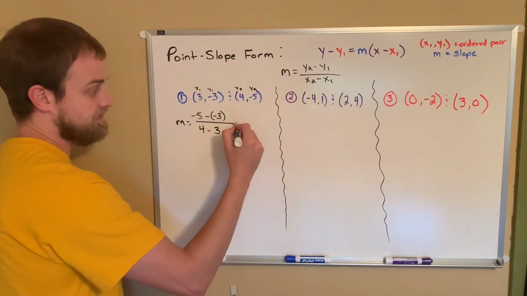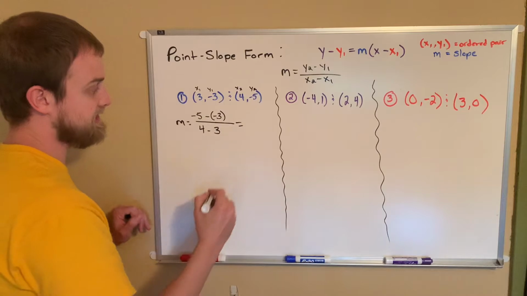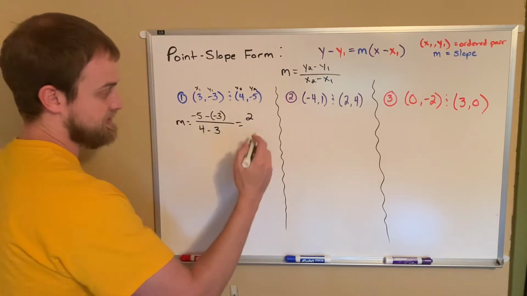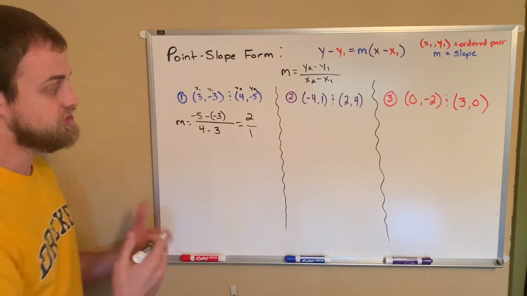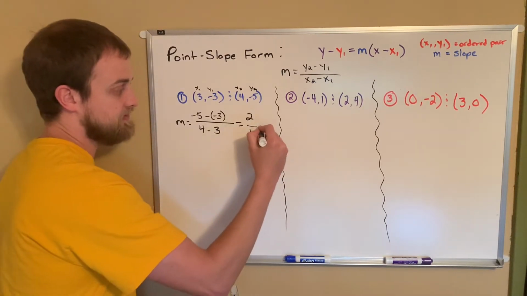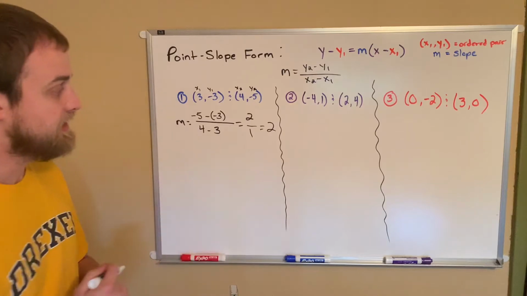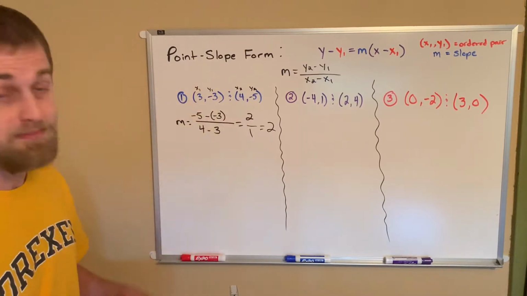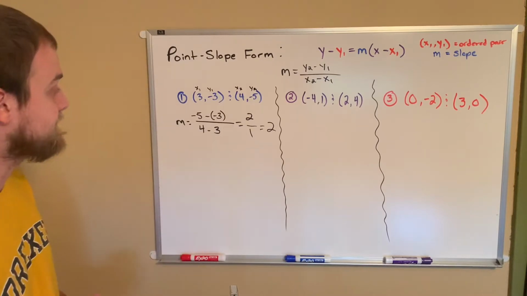And we do some math here. Negative 5 minus negative 3 should give you positive 2. 4 minus 3 is going to give you 1. Now, 2 over 1 is okay. However, just for simplicity's sake, we're going to go ahead and simplify that to 2. Anything that has a denominator of 1, we can just write as that anything.